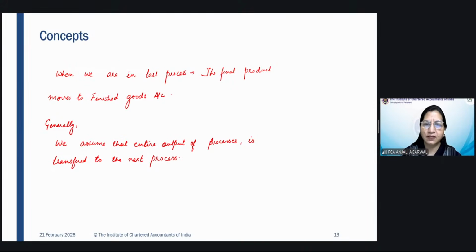So we assume that the entire output of the first process will move to the second process, and the entire output of process 2 will move to the third process.